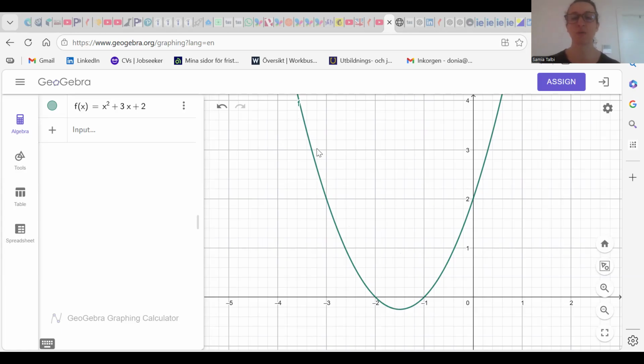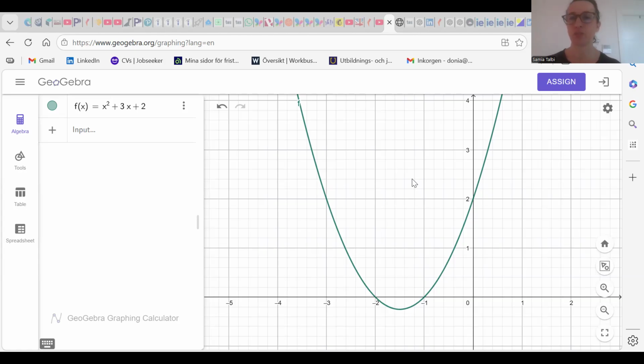It hits positive values outside the roots, so before -2 and after -1. And between the two roots, it hits negative values. So that's also a useful resource when working with quadratics.